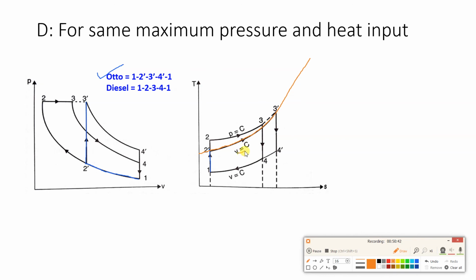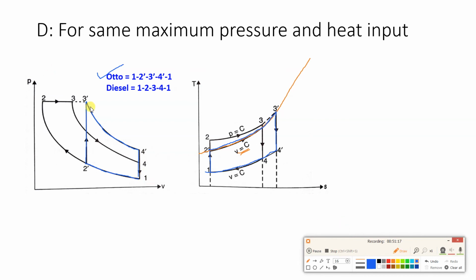Here you can see I have drawn volume equal to constant curve, and from 2 dash I'll follow up to 3 dash. So this will be constant volume heat addition in case of Otto cycle. Then 3 dash to 4 dash is isentropic expansion in case of Otto cycle, and 4 dash to 1 is constant volume heat rejection in case of Otto cycle.